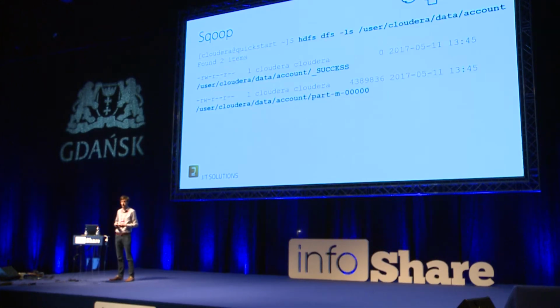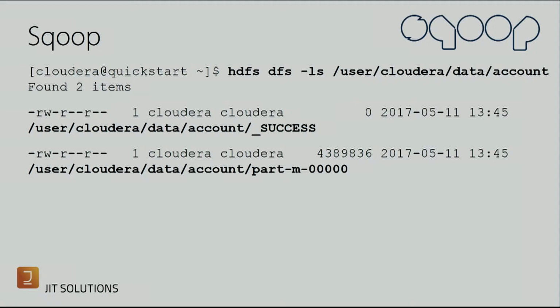Once we're done with that, we can actually browse our data on Hadoop. The Hadoop core also ships with a number of Unix-like commands which you can use to interact with HDFS. In that case, we're just listing the contents of the directory to which Sqoop has written the output. And you can see two files there.